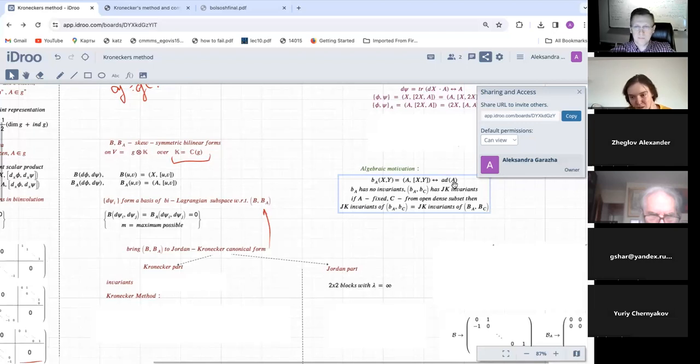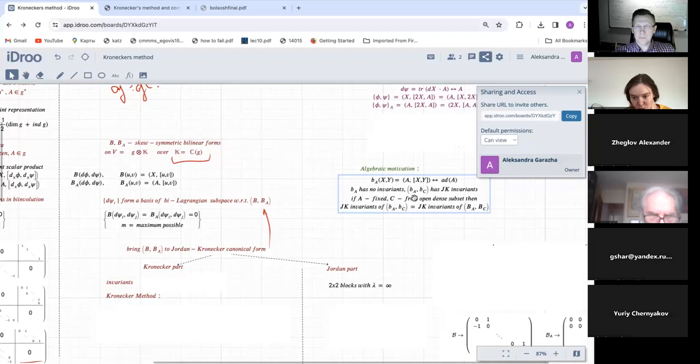For example, when we study these operators, we can obtain the classification of semi-simple Lie algebras, so it's very natural also to study the invariants of these bilinear skew-symmetric forms. But if we try to find invariants of only one skew-symmetric bilinear form, there is nothing interesting, it's just its rank.